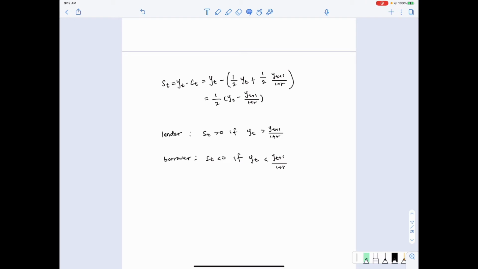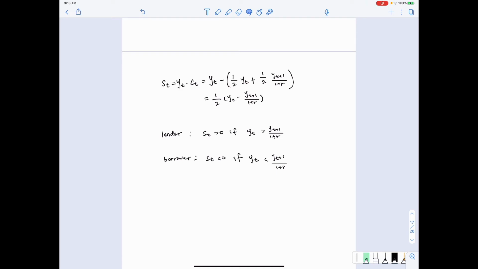So now we already know how to identify the lender and borrower from the graph, because if the tangent point of the indifference curve and the intertemporal budget constraint is to the left of the endowment, then the individual should be the lender.